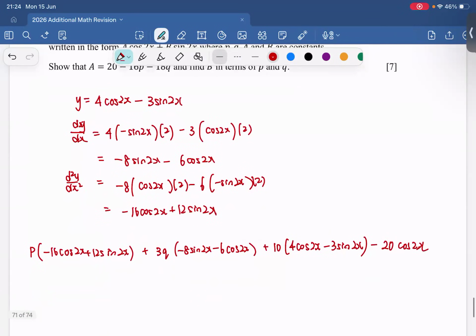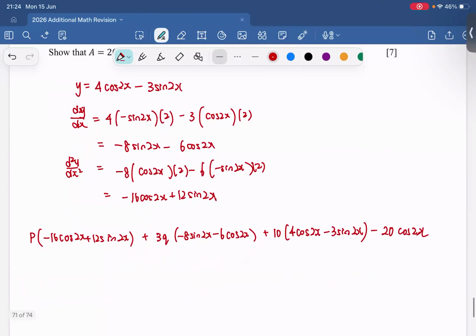Okay, then now what do we do? We just expand. It's just tedious, not that difficult. Please don't make any careless mistake. You need to do it with a lot of care.